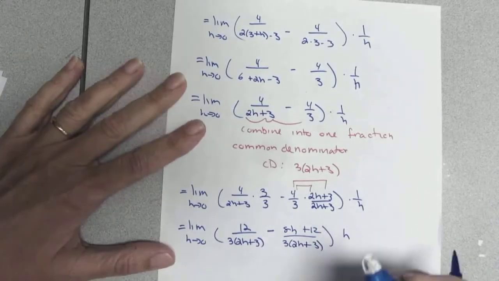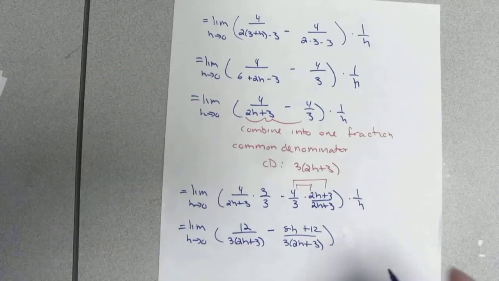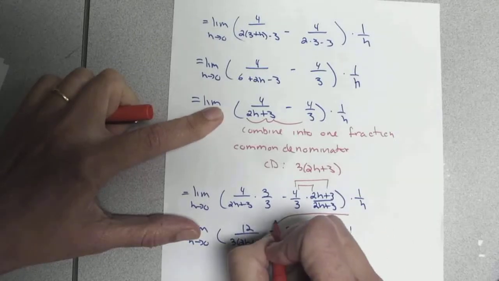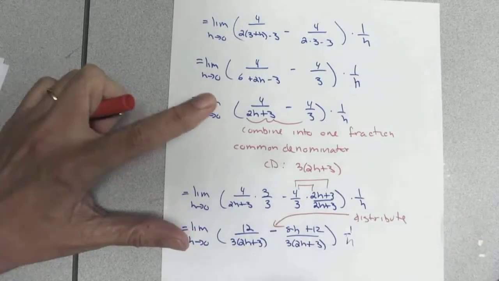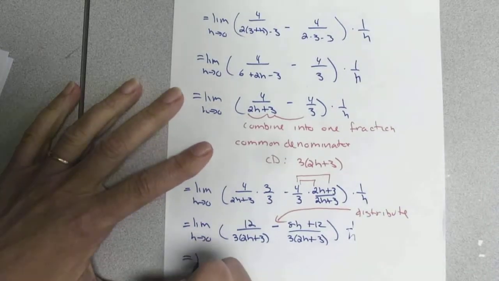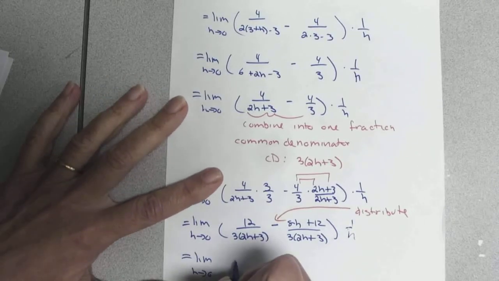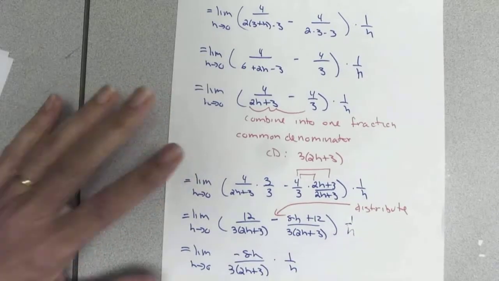I now have a common denominator, so I can combine those fractions. Remembering now that I'm going to distribute that minus sign, those 12s are going to cancel. And so I get the limit as h goes to 0 of negative 8h over 3 times 2h plus 3, times 1 over h.